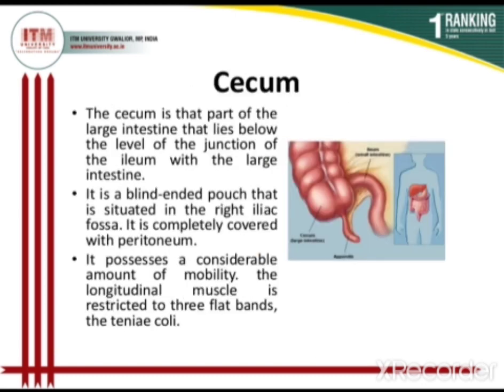Next we will deal with all the structures one by one a little more in depth. The cecum is that part of the large intestine that lies below the level of the junction of the ileum with the large intestine.